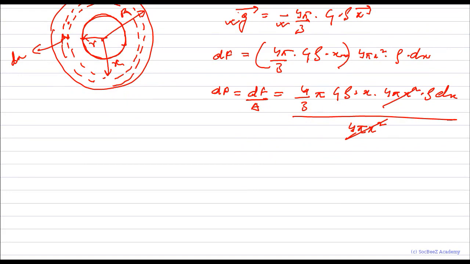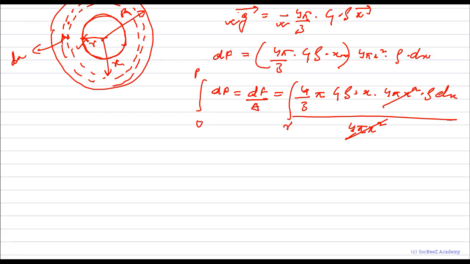So if I want to find out the total pressure at a distance of small r from the center of the sphere, I'm basically going to integrate it. This integral is going to be from 0 to p.